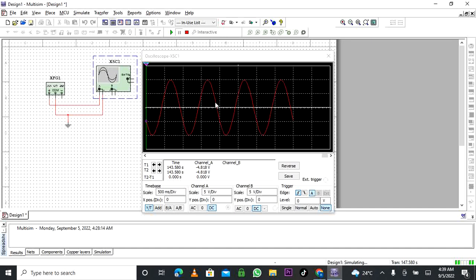And in terms of voltage, we can see that peak to peak, our low point here is 2 divisions below the 0 axis, and our high point here is 2 divisions above our 0 axis. So from this low point to the high point, that's 4 total divisions times 5 volts per division, that's 20 volts.